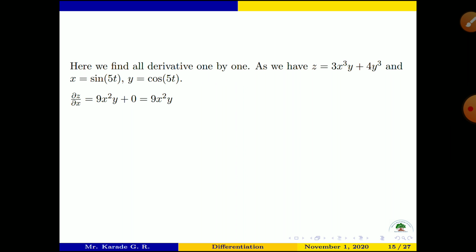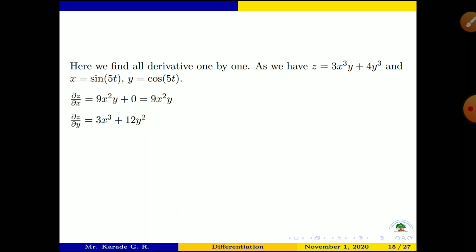While finding the derivative of z with respect to x, we keep y constant and differentiate normally with respect to x. Then we have 9x²y plus 0, which is 9x²y. So ∂z/∂x = 9x²y.